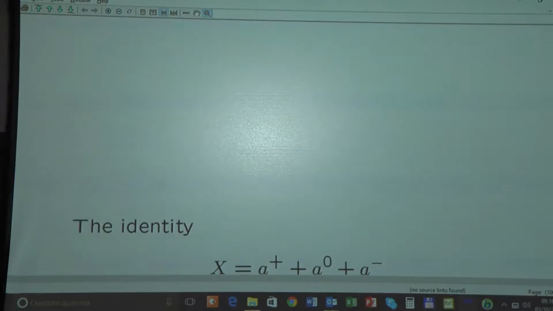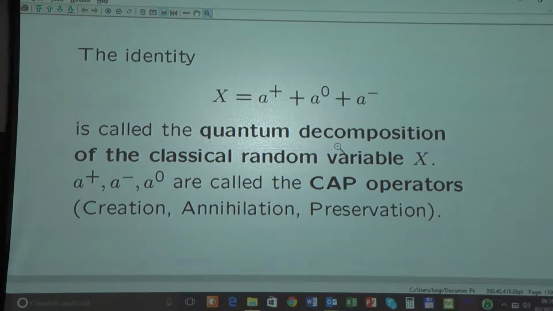And so this decomposition is what we call the quantum decomposition of the classical random variable. And this is what I meant at the beginning of my talk when I said that there is a microscopic structure in every classical random variable with all moments. Okay? This microscopic structure is given by the three operators, which we call the CAP operators: creation, annihilation, and preservation.